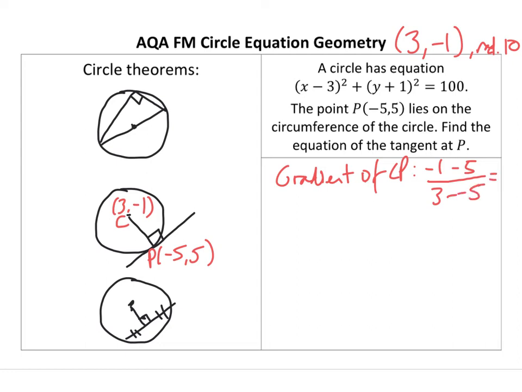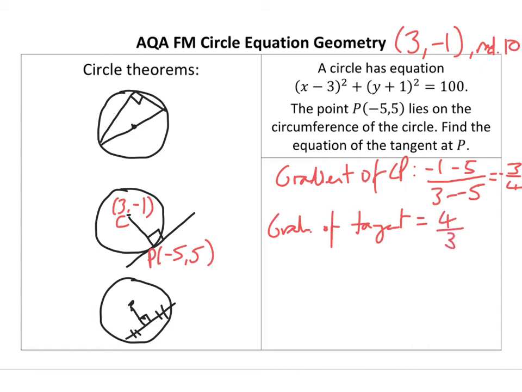And so I'm going to get minus 3/4 there, which I'm going to have to squash in. So that means that the gradient of the tangent at P is going to be 4/3.